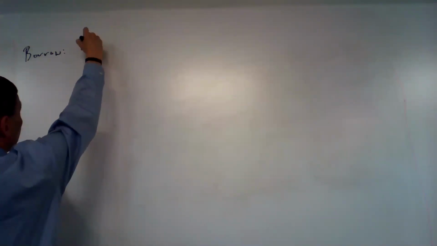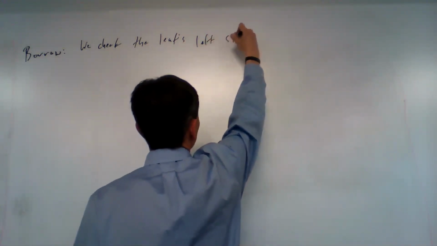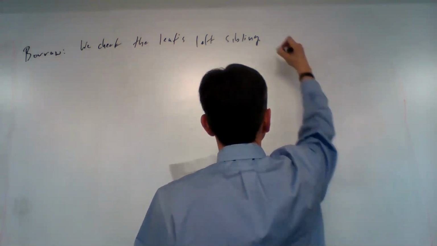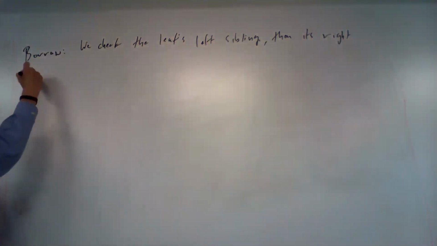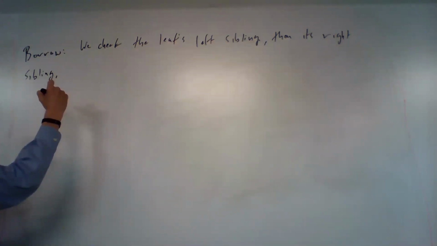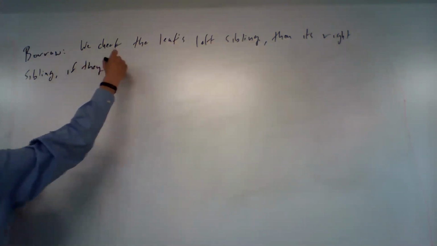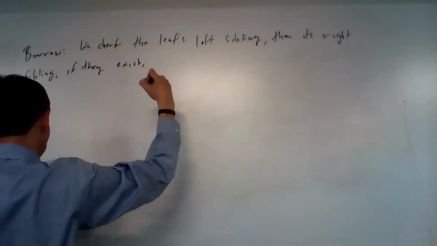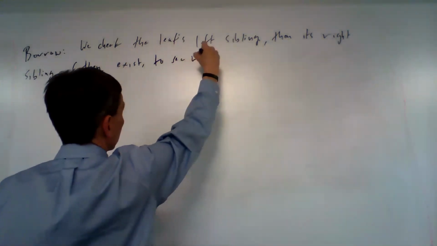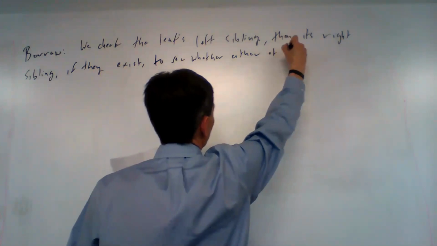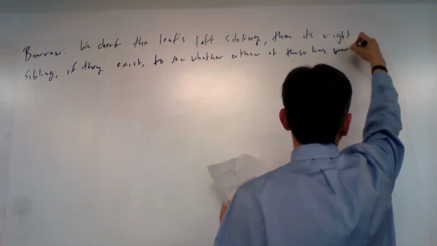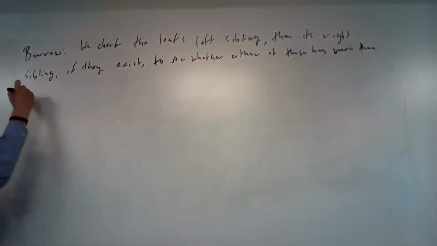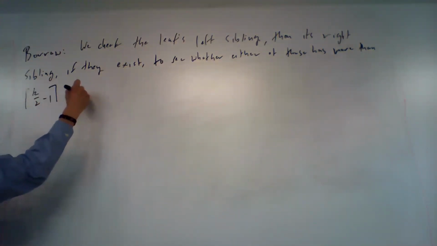Okay, and what we're going to do is we're going to check the leaf's left sibling, then its right sibling, if they exist, because they may or may not, to see whether either of those has more than ceiling of k over 2 minus 1 keys.